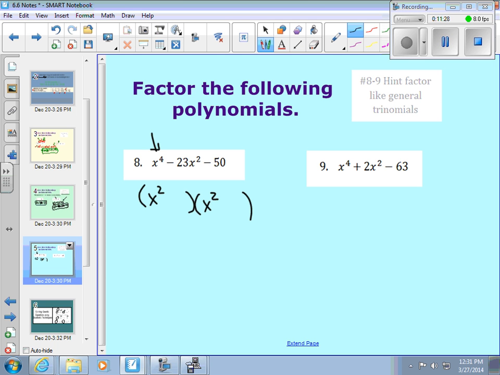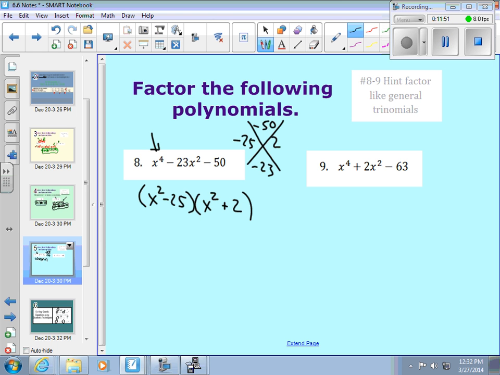Now to figure out the rest, you do what you've done before with factoring on these quadratic ones. What's going to multiply to negative 50 and add to negative 23? Well, in this case, it looks like negative 25 times 2 does that. So if we put in negative 25 and positive 2, that's how this one would factor.